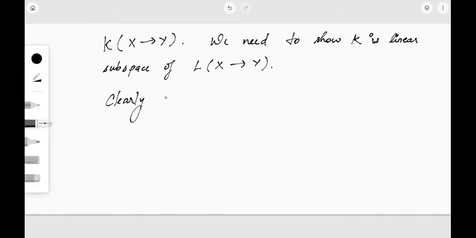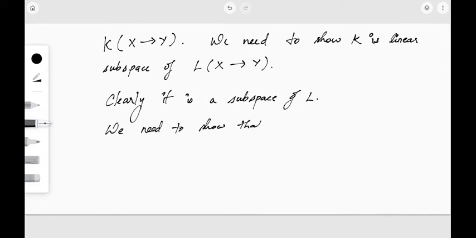Clearly it is a subspace of L. We need to show that it is linear. So let us take two operators.